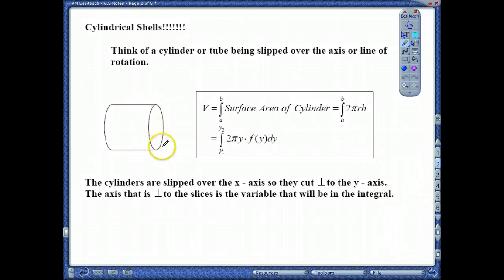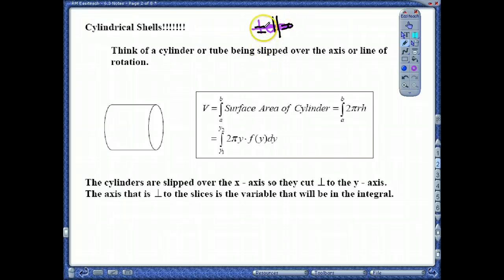Now, the reason why cylindrical shells are going to be a little different is that instead of slicing that volume, you're making those little cuts perpendicular to the x-axis. To find that volume, what you're going to do is you are going to slip cylinders over the x-axis. So those cylinders are going to slip this way, which is going to cut the y-axis perpendicular.